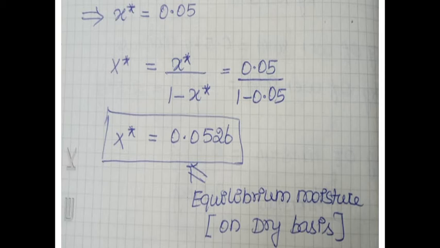So this value should be converted into dry basis. Are you clear or not? Okay. So dry basis means it is taken as capital X star. What is the formula? Capital X star is equal to small x star divided by 1 minus small x star. Are you clear or not? Okay. So substitute the small x star value here. Finally we get capital X star equal to 0.0526. So this is equal to equilibrium moisture content on dry basis.